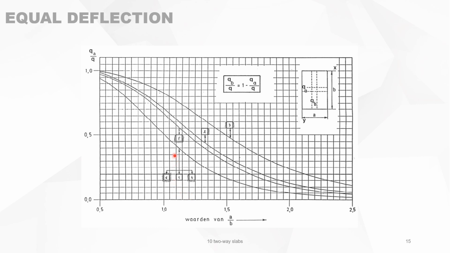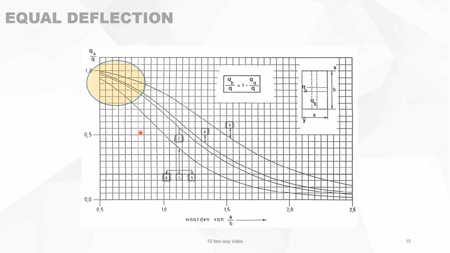But when the slab is completely symmetrical, for instance type 1 and type 6, type 1 is simply supported on all sides and type 6 is fixed on all sides, the carried over load is exactly the same for those 2 slabs. The same for type 4, because it's completely symmetrical in the A direction or the B direction. So this is only one curve. And the other types of slabs have their own curve.